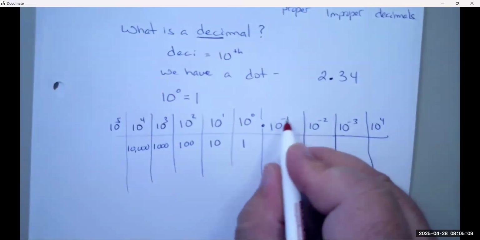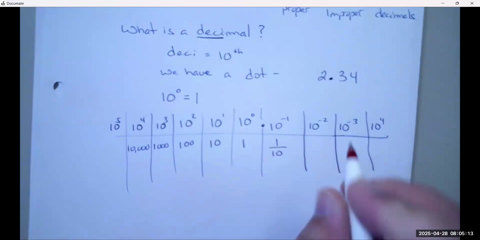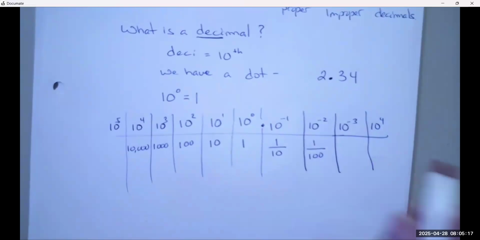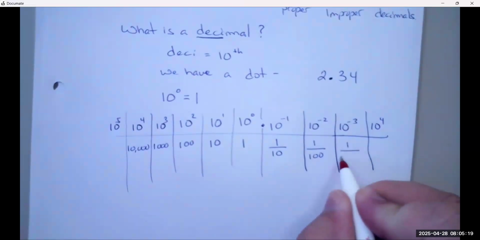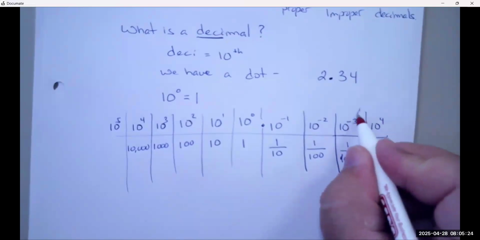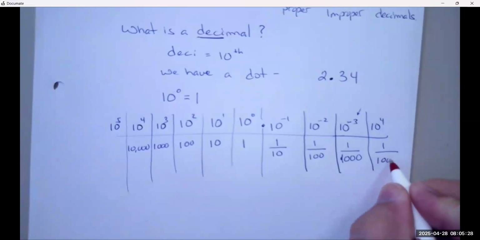So what these negative numbers mean is we now have fractions. Again, the integer tells us how many zeros we have after the 1 on the bottom.